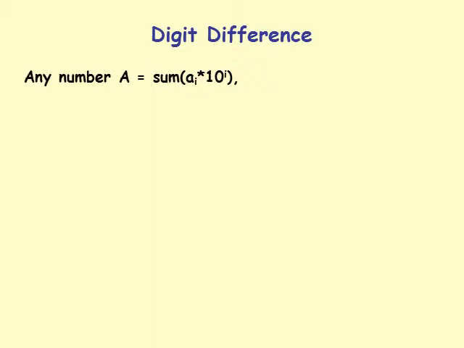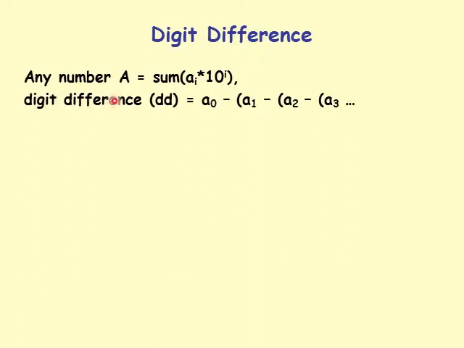Let's continue. I define the digit difference, dd, as a0, the first coefficient, minus parenthesis the second coefficient a1, minus parenthesis the next higher coefficient a2, minus parenthesis a3. Now let's sort them out. So a0 is positive. a1 has a minus here, so it is negative. a2 is positive, since minus and minus make it positive.